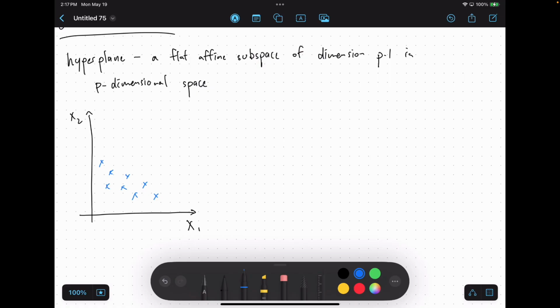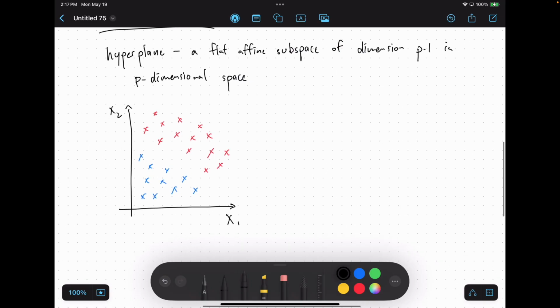If you think of x1 and x2 as your data, and these data points here, blue being one of the discrete outcomes of your y and red being the other one, I can draw something like this.